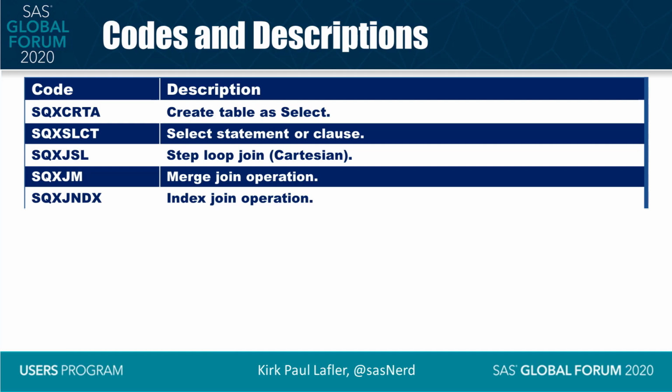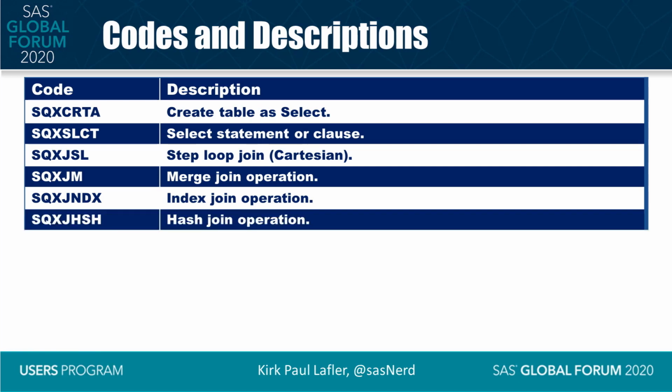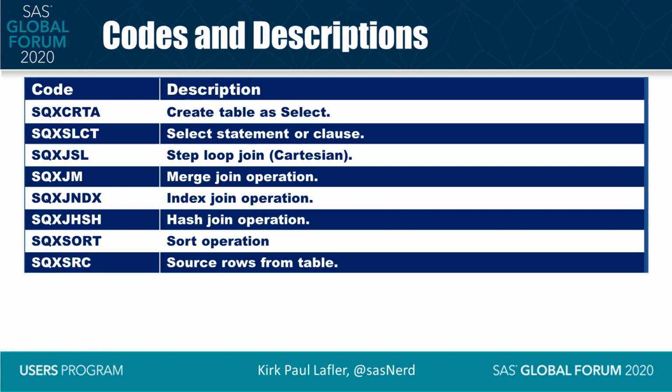SQXJNDX indicates that an index join operation was performed. SQXJHSH indicates that a hash join operation was selected and performed by the optimizer. SQXSORT indicates that a sort operation was selected and performed by the optimizer. SQXSRC indicates the source rows from the table that were selected.